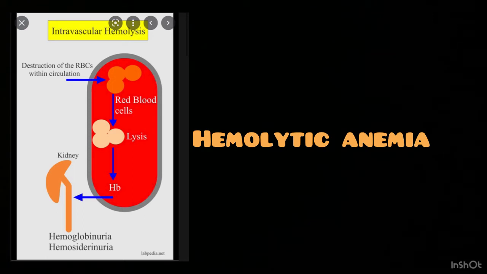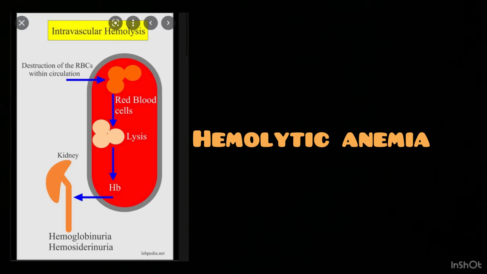The bone marrow is not able to meet the oxygen demands by producing enough RBCs, so we have some extramedullary organs that are going to help in the hematopoiesis, the production of RBCs. Those are going to be your spleen. So you'll get extramedullary hematopoiesis from spleen involvement, and the spleen will start to enlarge, leading to splenomegaly.